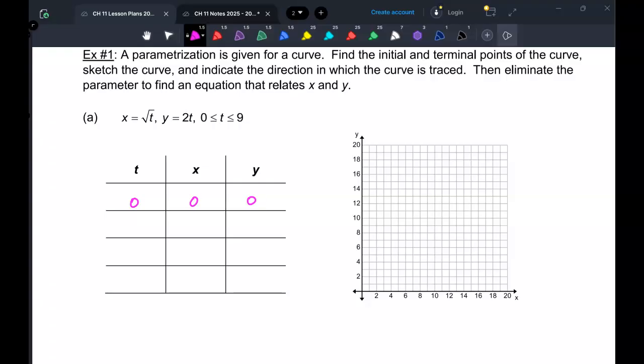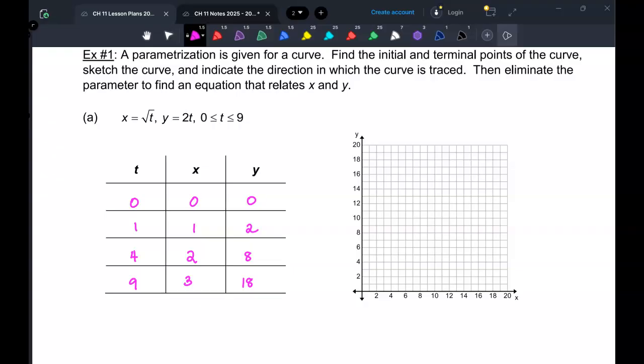Since I have a square root, I'm going to plug in 1. Square root of 1 is 1, and y is 2. We could do 4. Square root of 4, we get 2, and 2 times 4, we get 8. And we'll end up with 9. So we'll have 3 and 18.